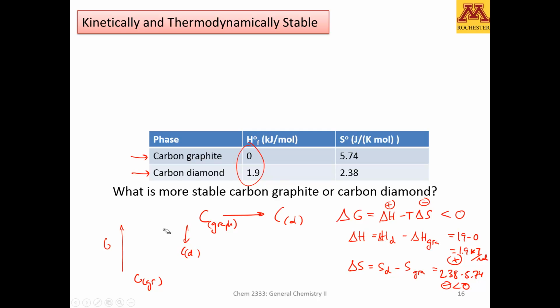So let's make it even more exaggerated so that the barrier separating the two is large enough so that carbon diamond is kinetically stable. Otherwise, if only thermodynamics were to decide the outcome, you would mostly see carbon graphite, and your ring, if you have a ring with a diamond, would start getting black because it becomes graphite. And yet that does not happen in a long time. It means that carbon diamond is kinetically stable, and even though thermodynamically you should only see or only mostly see carbon graphite.